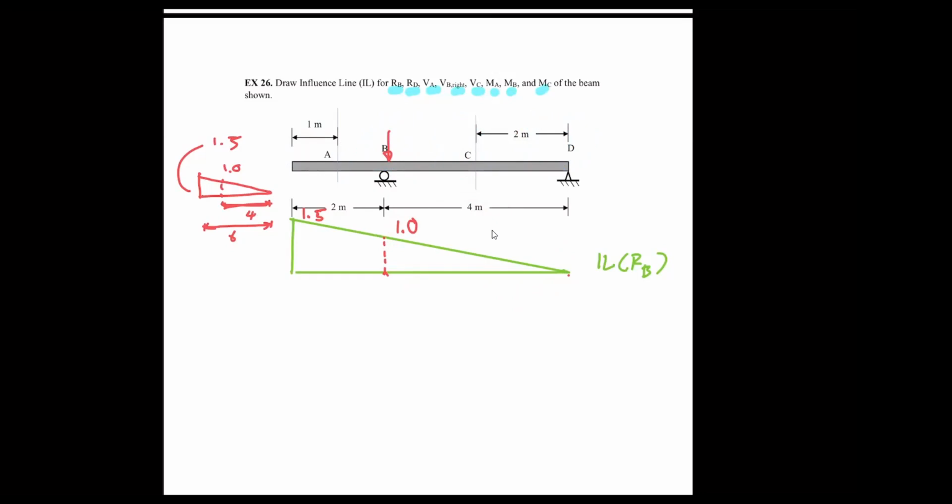Now let's move on to RD, shall we? Okay. Now, when I allow RD to move freely, let's remove this. Now it is as if I add a roller here, right?